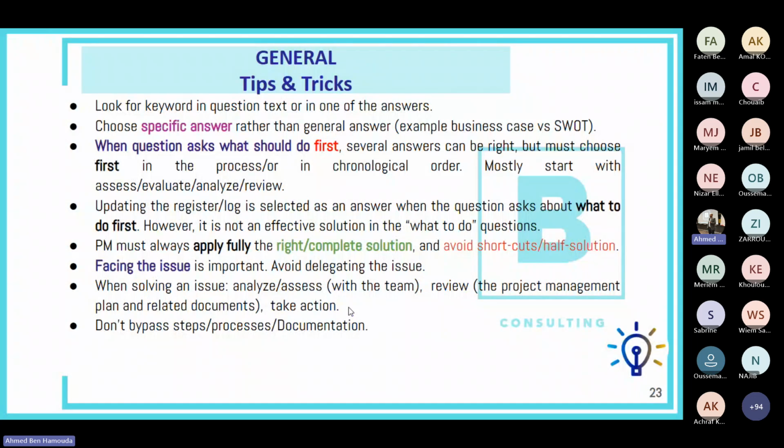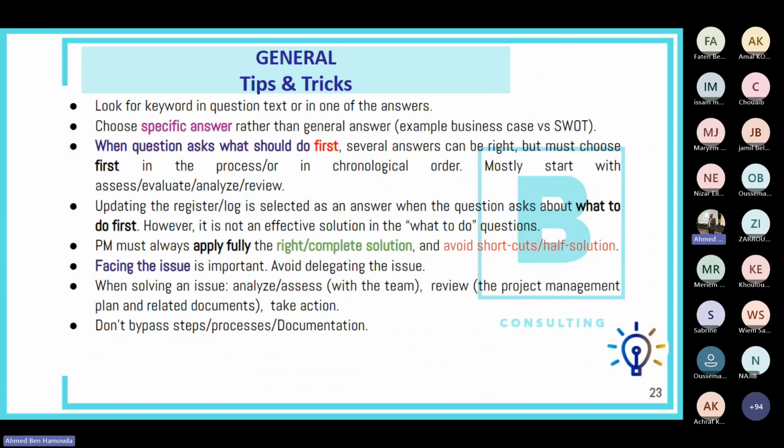Another very important tip: don't bypass any steps or any processes or any documentation, in any part of the project. If the project management approach that you have selected states a certain set of steps or processes or tools or documentation, just use them.